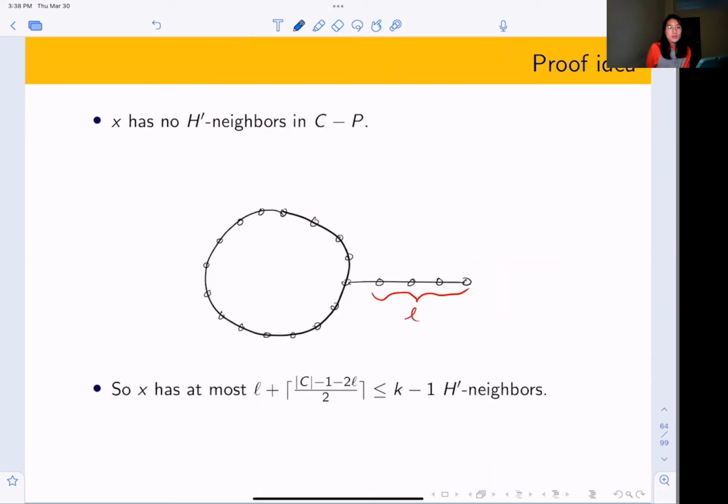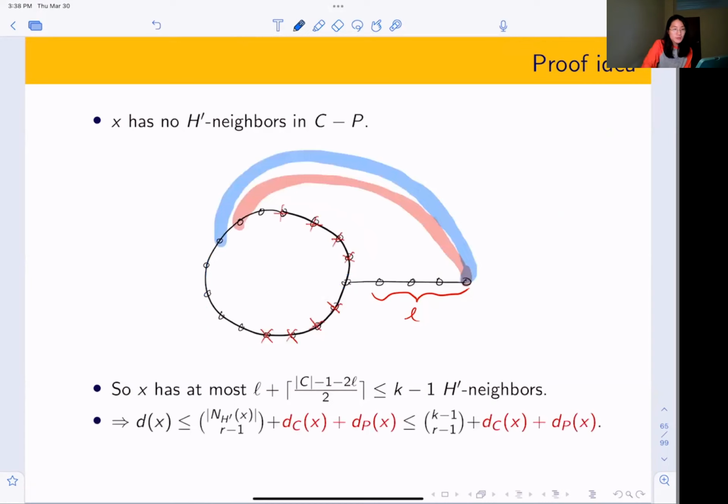And then very similar to the previous proof we had, we can show that X will not have any H prime neighbors inside the cycle, except maybe this vertex here. So why is that the case? For similar reasons, we cannot have any H prime neighbors in these L closest vertices here, because if we did, we could extend this to some longer Berge cycle.